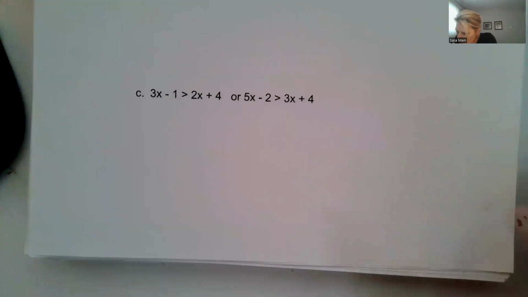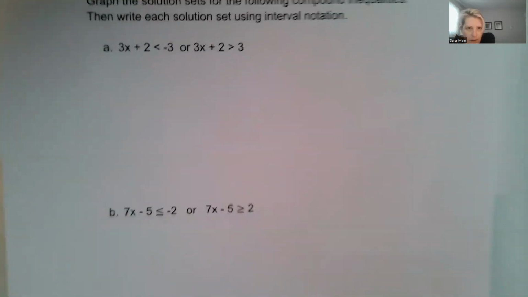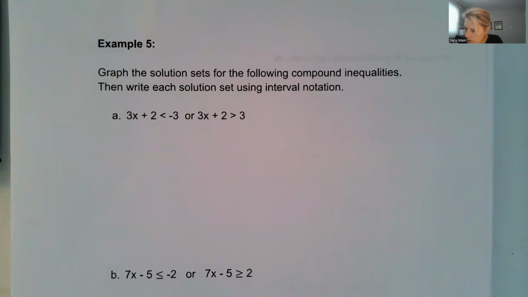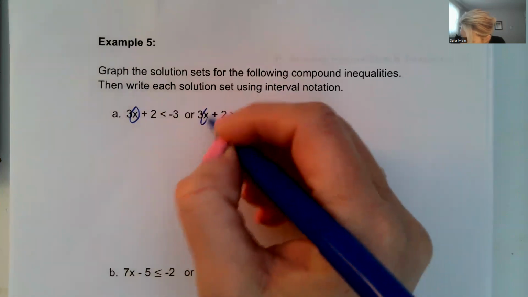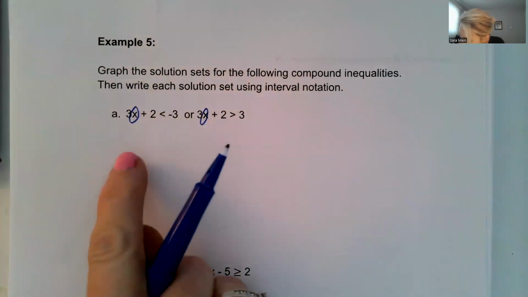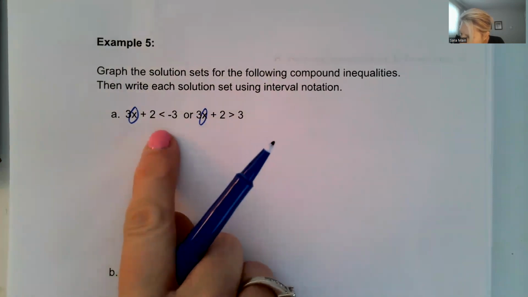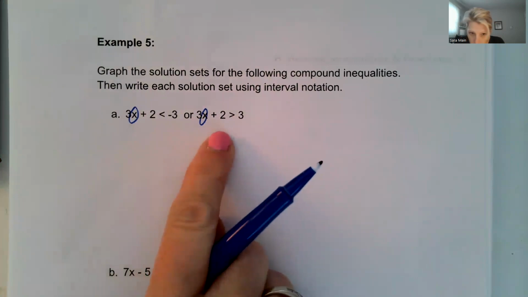So the last 3 that I would like to look at here. Okay, graph the solution sets for the following compound inequalities and write each solution set using interval notation. So we're solving for X. And this says 3x plus 2 is less than a -3 or greater than a +3.